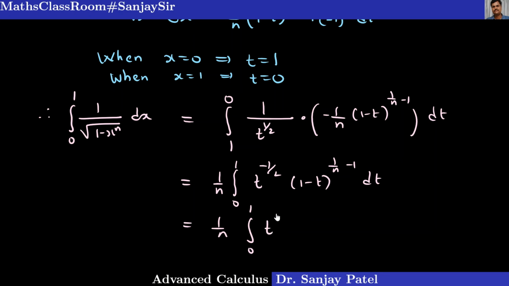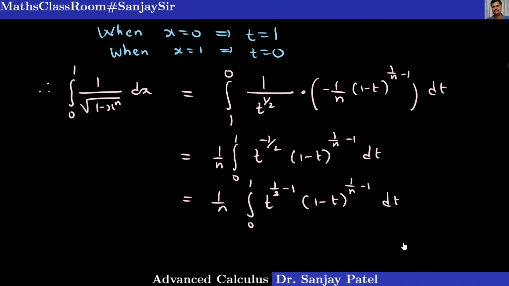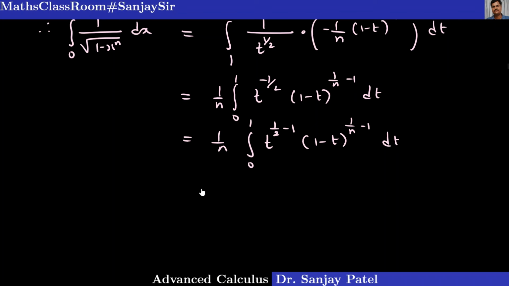This is t raised to 1 by 2 minus 1, because we know such expression is there in the beta function. So this is actually the expression for beta function. So I can write this as 1 upon n into beta. You know, beta m comma n is equal to integral 0 to 1 x to the m minus 1 into 1 minus x to the n minus 1. Your m and n are say 1 by 2 and 1 by n. Okay, by definition of beta function.